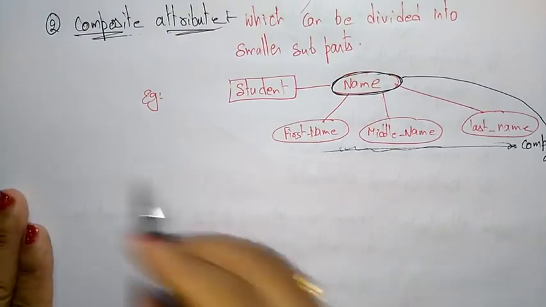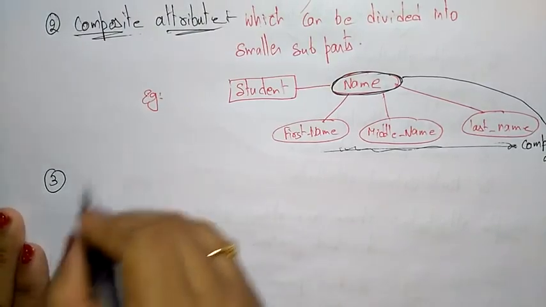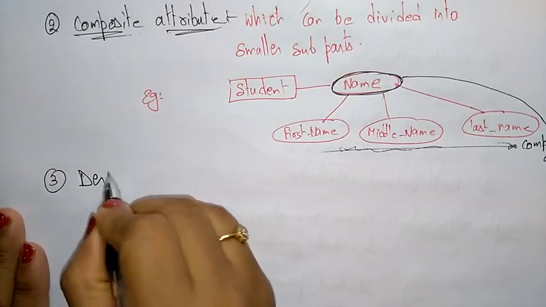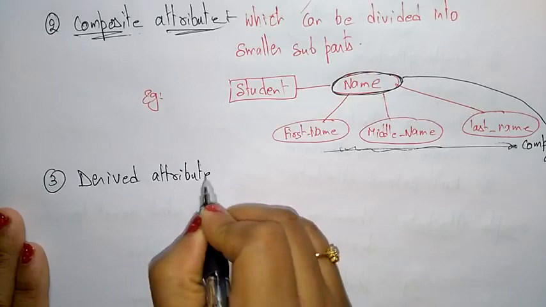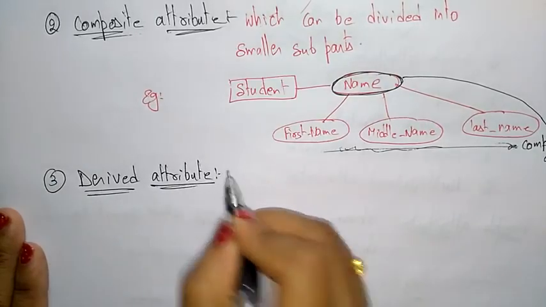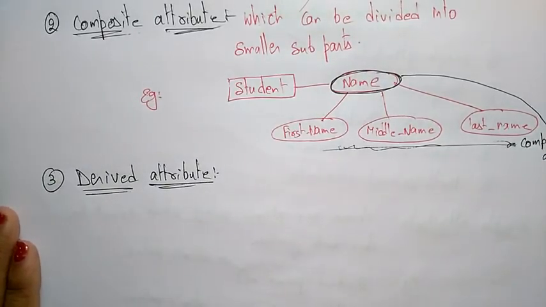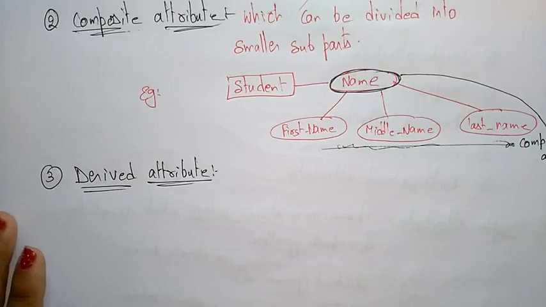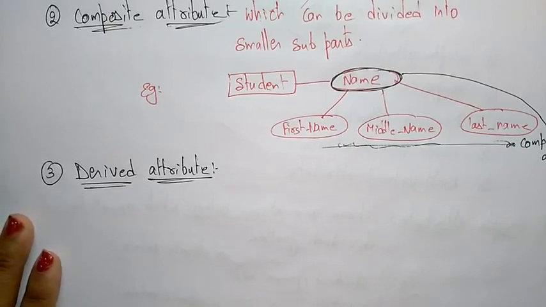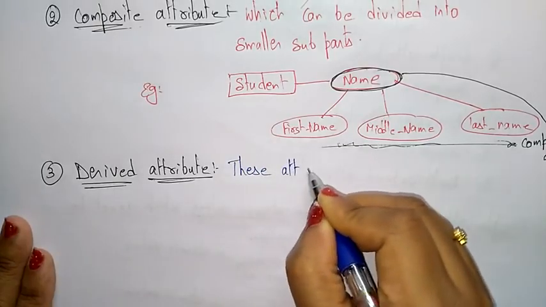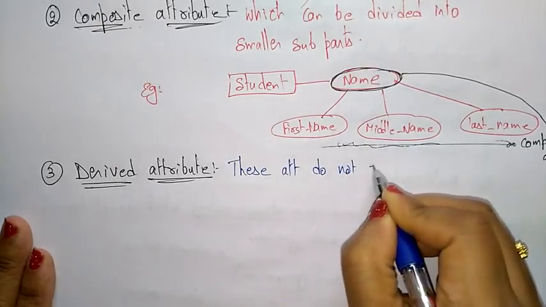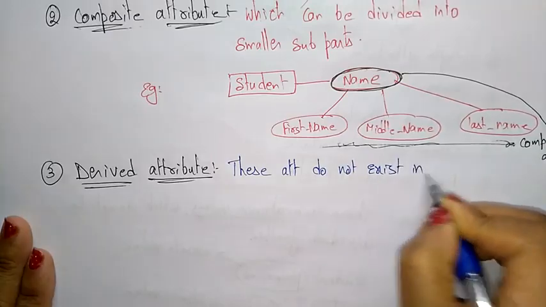Now let us see the third one, derived attributes. What this name indicates is that we derive one attribute from another; with the help of one attribute we can derive another attribute. These attributes do not exist in the physical database.